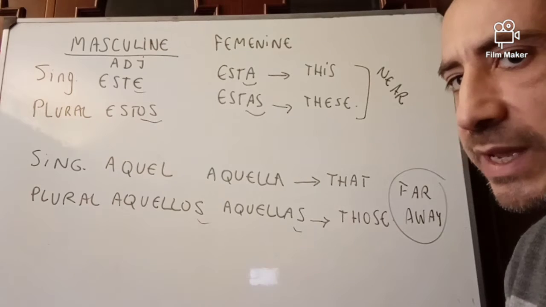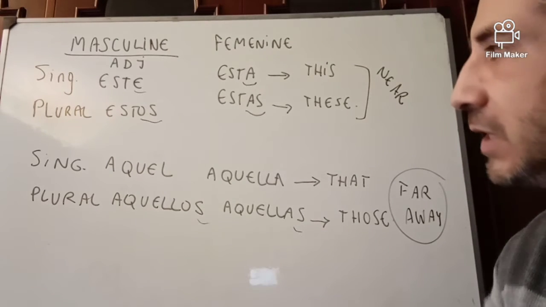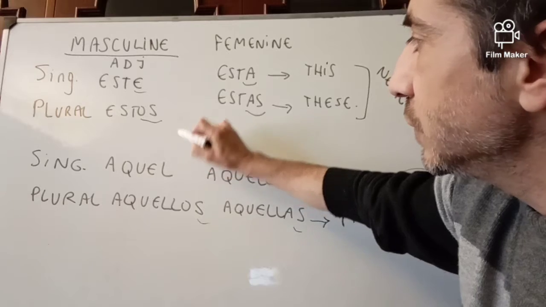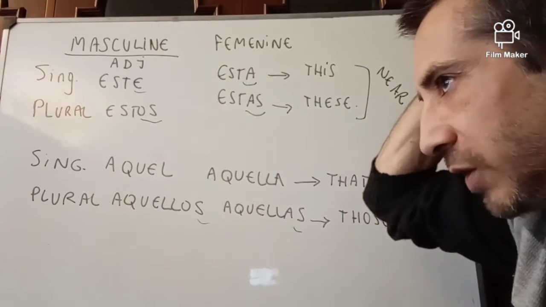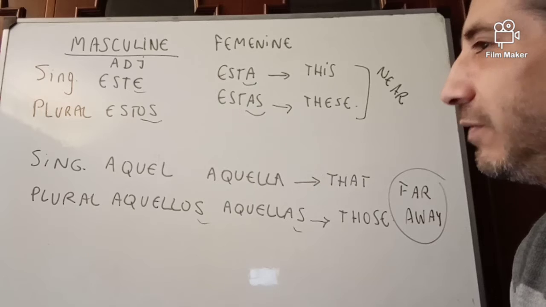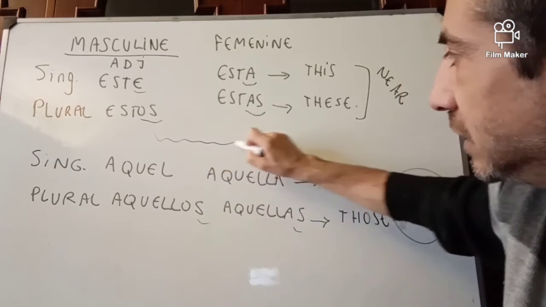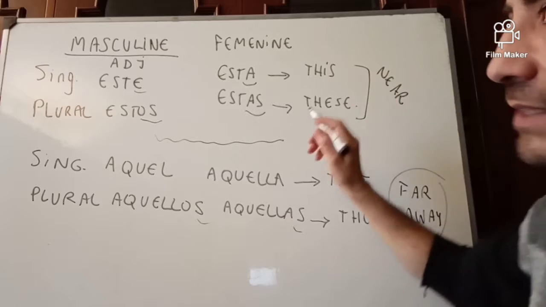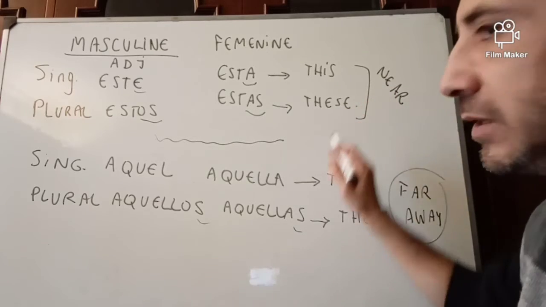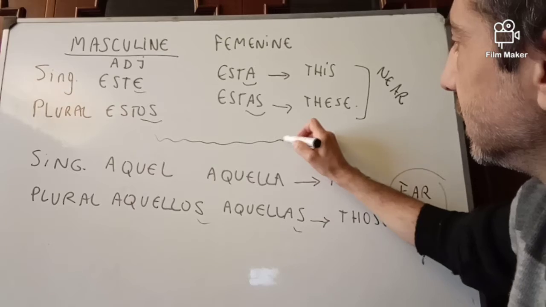But in Spanish we have a third category that we use to modify a noun. And this noun we are referring to is somewhere in the middle, neither so near nor so far from us.